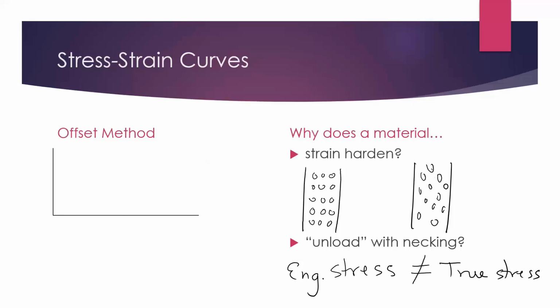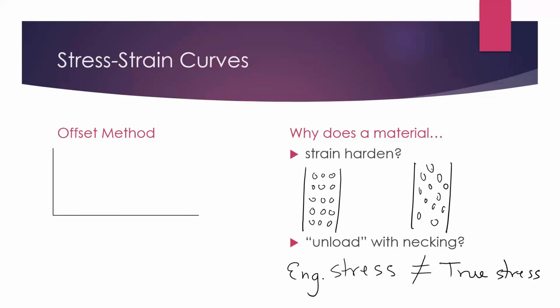If you have friends who are studying more like material science, and they're less concerned about our engineering applications and more concerned about how the material itself performs, they would be interested in true stress. What is actually happening to that material? Whereas we're more interested in the system and how the system performs. And so if we can predict system behavior, we don't really care what's happening at the molecular level of this material. And so that's our engineering stress.